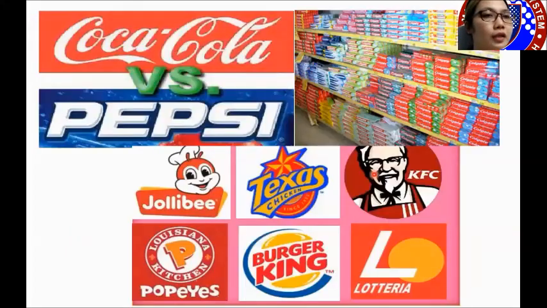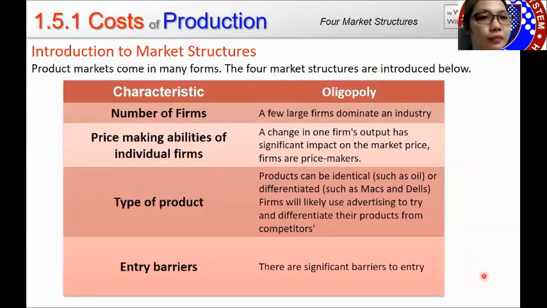Okay, so let's proceed to oligopoly. After monopolistic, we have oligopoly. In an oligopoly, a few large firms dominate an industry, so there is a leading firm in the industry.